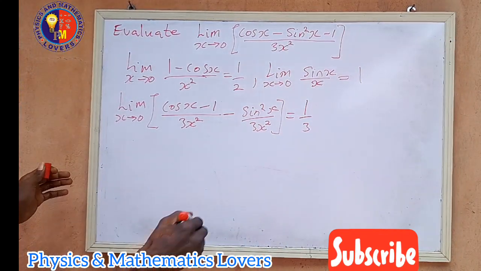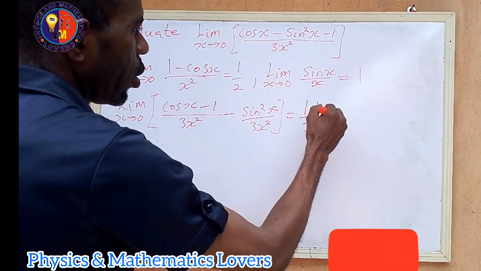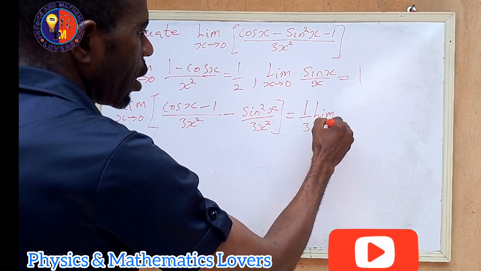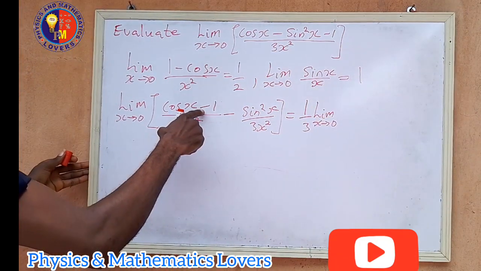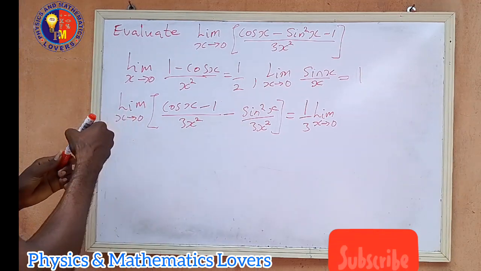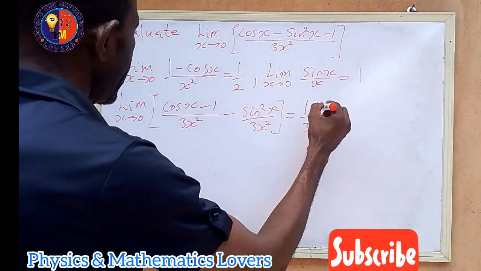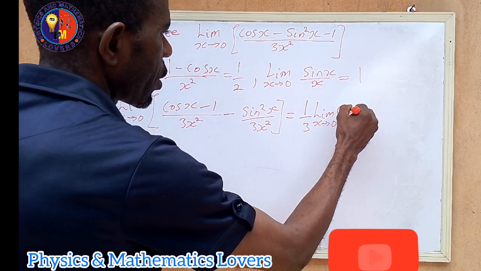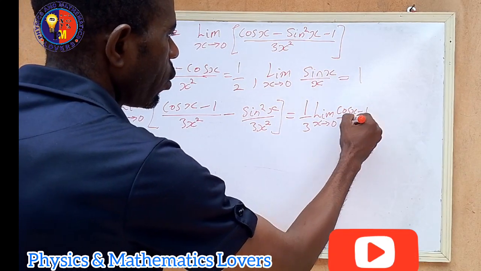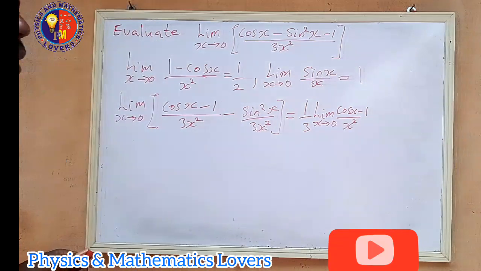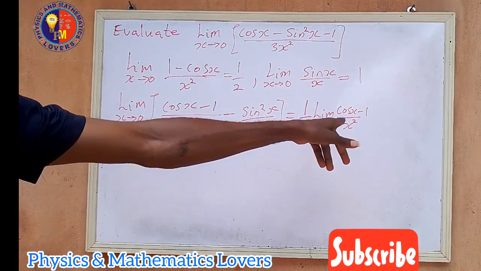All right. Then I'm going to have my limit as x tends to 0 of this. Now I also have this, because according to the laws of limits, this limit will open the bracket. So we have cos x minus 1 all over x squared. Now we have x squared right there.